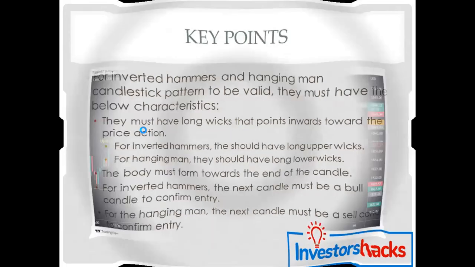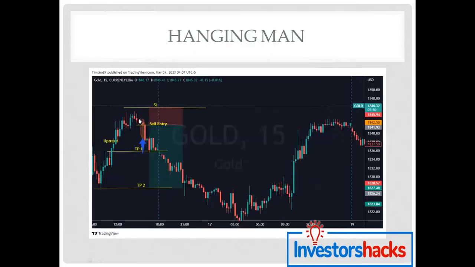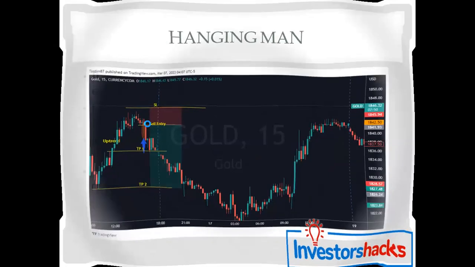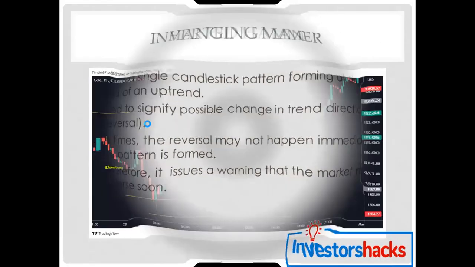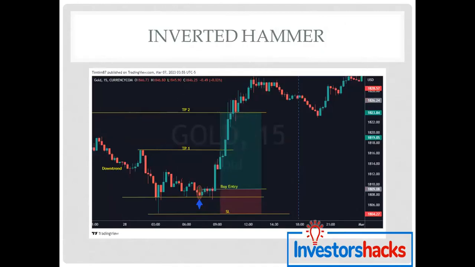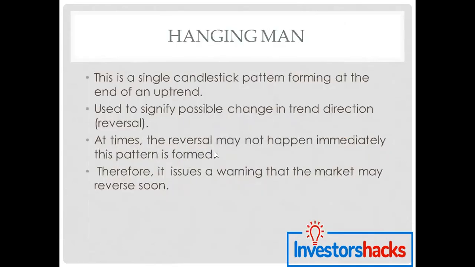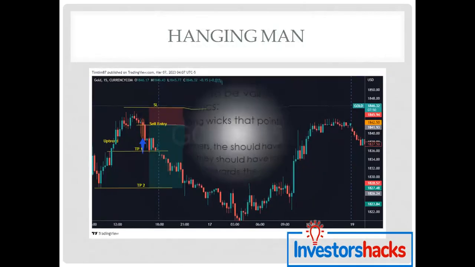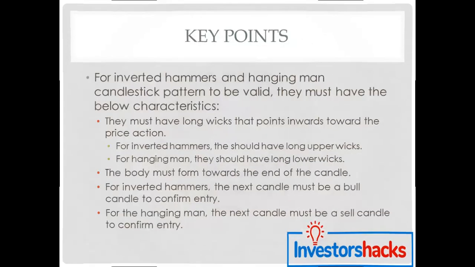You can see again, the body is forming towards the end of the candle for the hanging man, and for the inverted hammer, the body is also forming towards the end of the candlestick. Those are some of the characteristics that you should be looking for to identify these patterns.